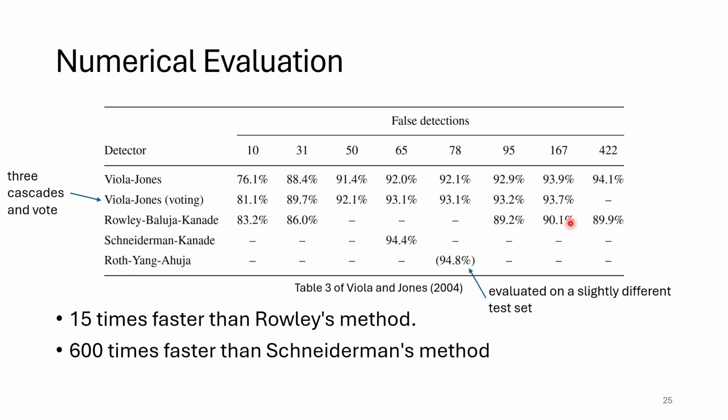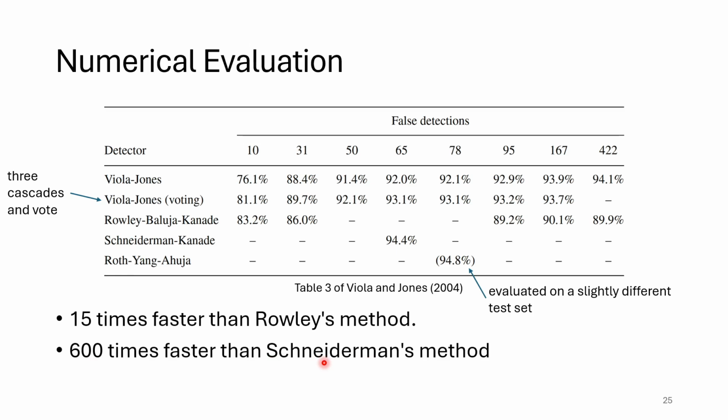So the key point is what? If their performance is similar, or even slightly better, who runs faster? Their method can run 15 times faster than Rowley's method, and even 600 times faster than another method. So that is their contribution.